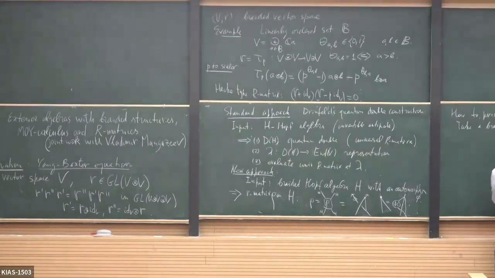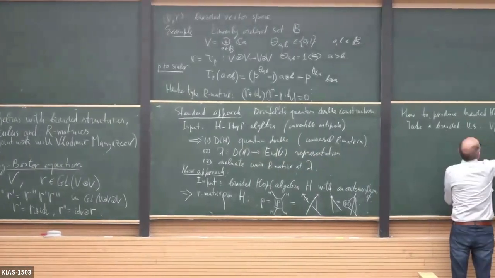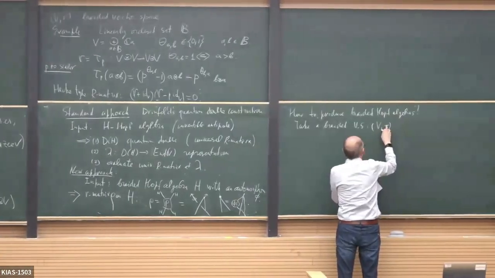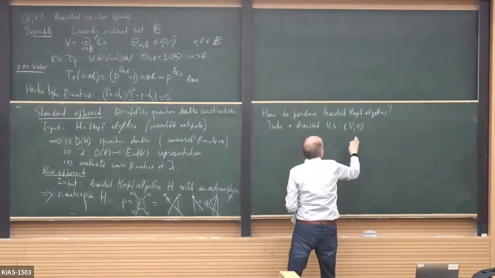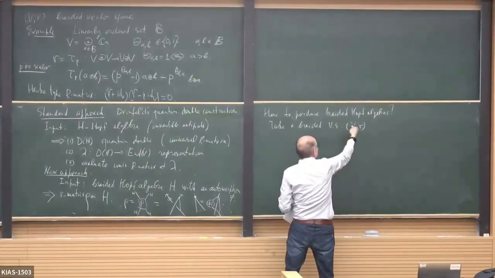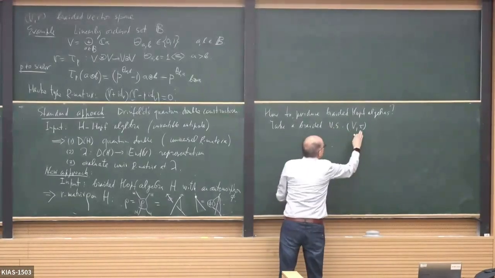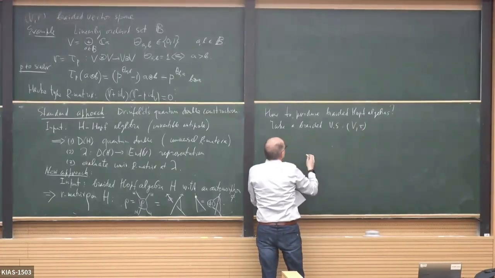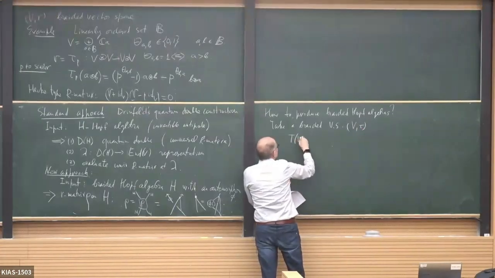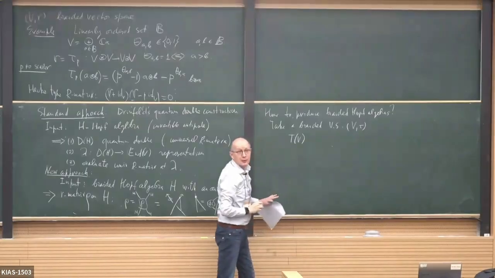So take a braided input, V tau. I put tau just to emphasize that this is some structural ingredient. And then take T of V, the tensor algebra.